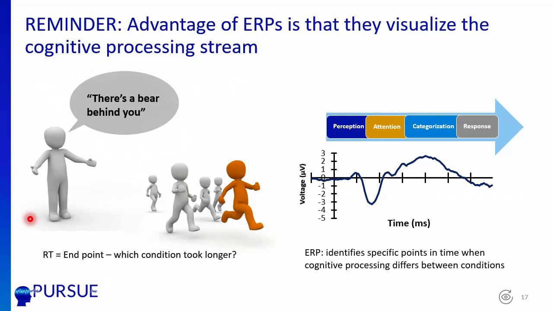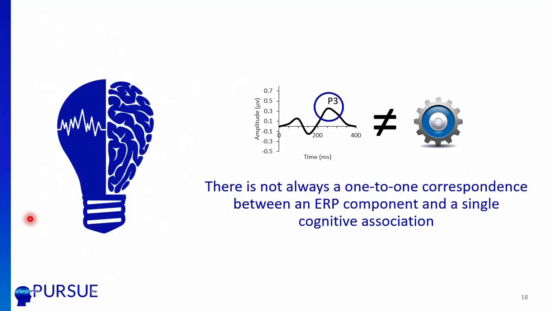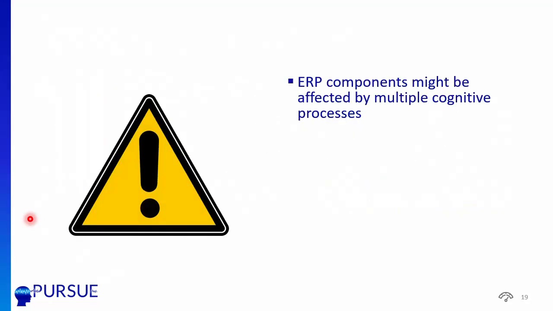But still, this is tricky. How do we associate particular ERP components with some sort of cognitive processing? So again, like we saw with the neural sources, this is not easy, and there's not always a one-to-one correspondence between an ERP component and a single cognitive association. ERP components might be affected by multiple cognitive processes. So you might be studying one ERP component, and there might be multiple cognitive processes that it reflects.